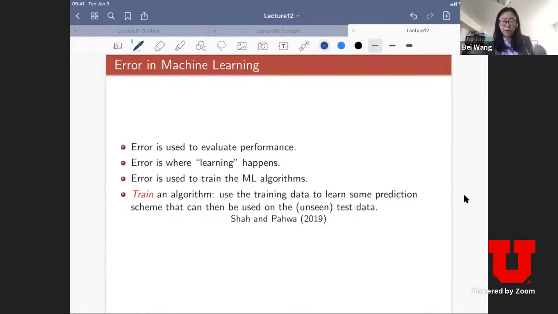When my model is trying to learn something, that's where error might arise. And it's also going to train the machine learning algorithm to reduce a particular type of error. So when we say training an algorithm, it is basically using the training data to learn some prediction scheme that can be used on the unseen test data, right?